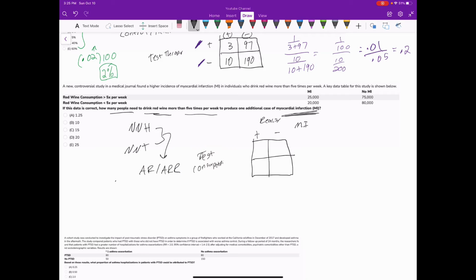Well, what is consumption kind of like? Is it like treatment or control? Not really, but you could think about it that way, right? So what would be the control group? Well, it's going to be the people who drank wine more than 5 times a week. Okay, so that's going to be the control. And then if they didn't drink wine more than 5 times a week, that's going to be our treatment.